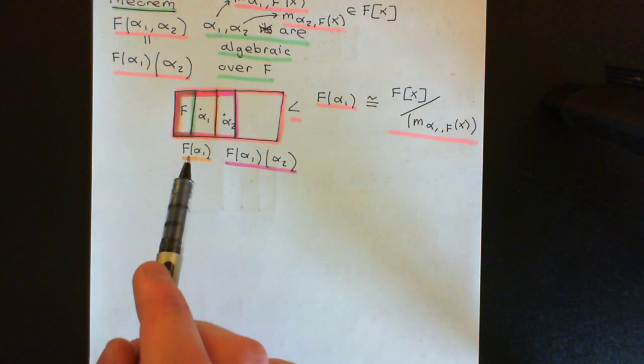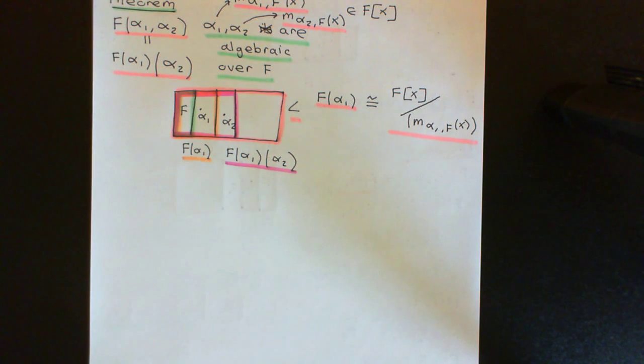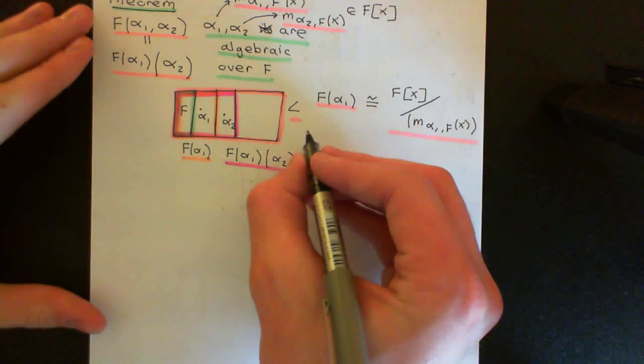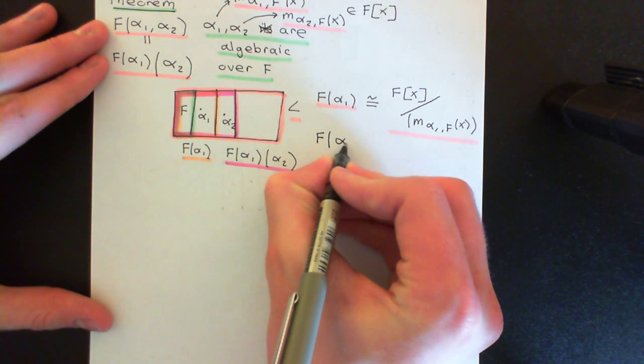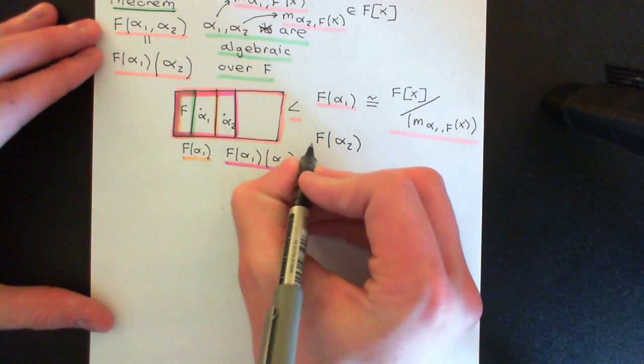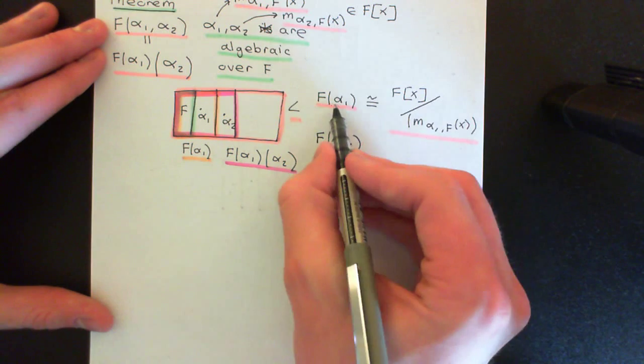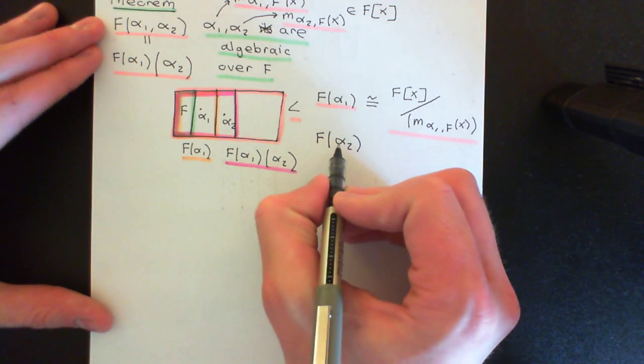What we now want to consider is extending the field generated by alpha 1 over F further so that it now includes alpha 2. So now producing this field extension of F of alpha 1 generated by alpha 2. Now this isn't so simple. We know that we have a very good understanding if we're trying to build the field extension of F which contains alpha 2, because we know alpha 2 is algebraic over F, so the exact same thing that held true here is true here.